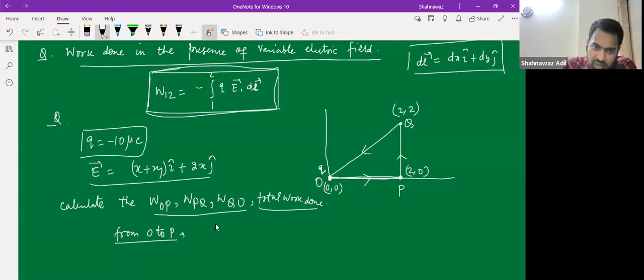If I write dl, because I am moving in this direction only, dl will have dx i, dy j, which part will not be there? Yes, the y part will not be there. So dl would only be dx i hat. Is this clear, guys? Yes, sir. This is from the second chapter. Yeah, this is from the second chapter, right?